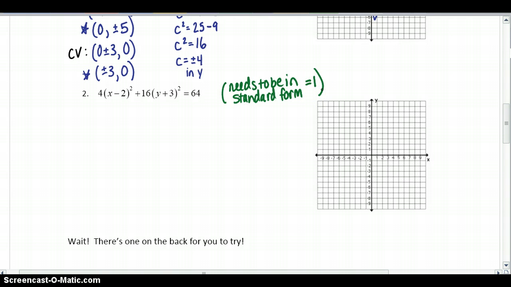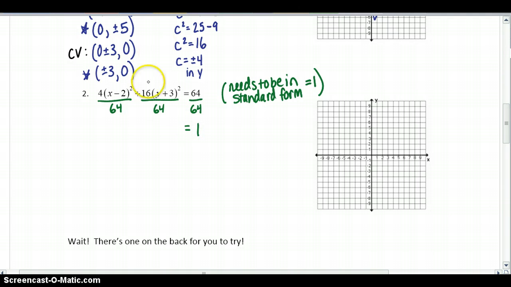Alright, so here we should notice that this does not equal 1. It equals 64. But there's an easy way to turn it into 1, and that's just by dividing it by 64. But if I divide one thing by 64, everything must be divided by 64. Alright, so I end up with 1 on this side like I wanted.